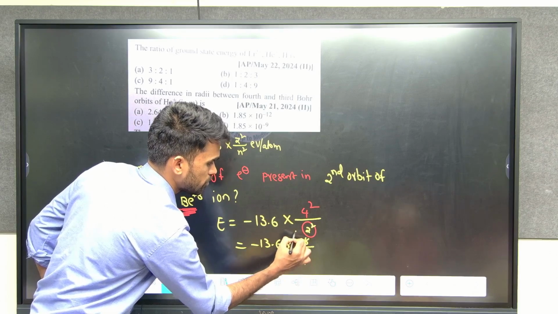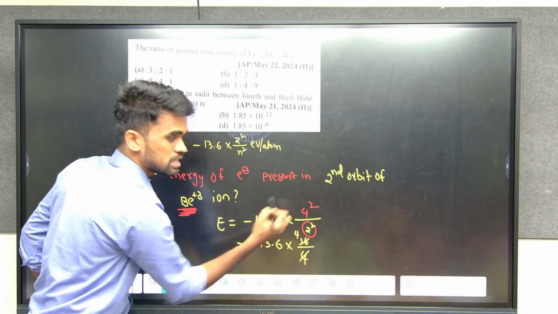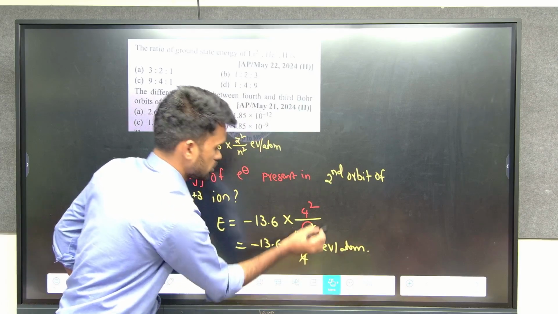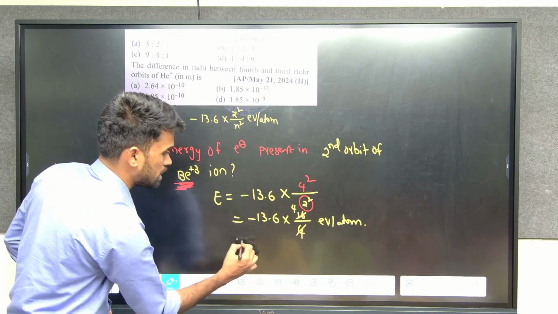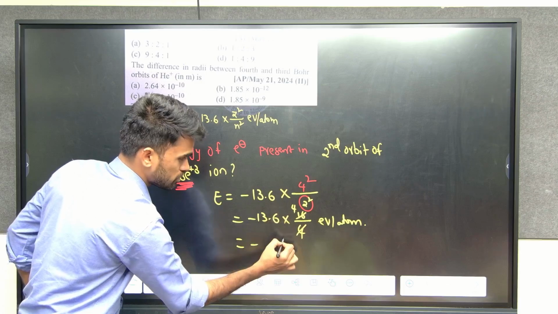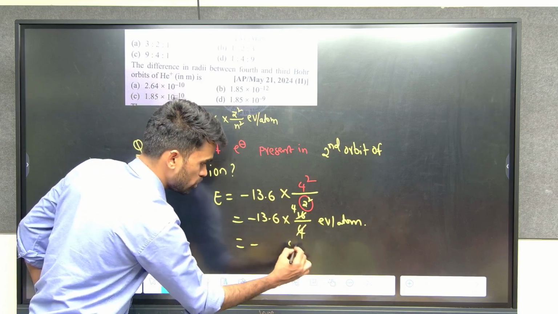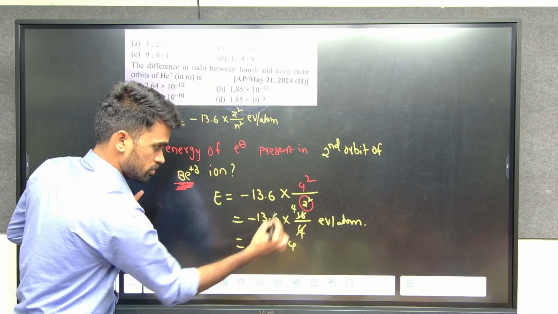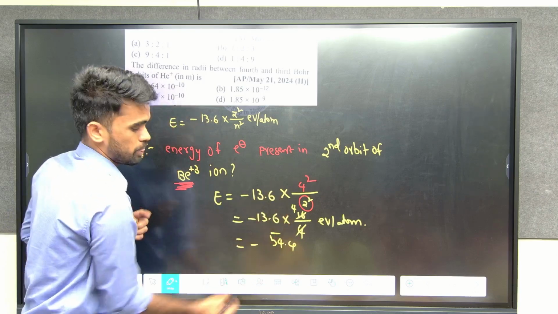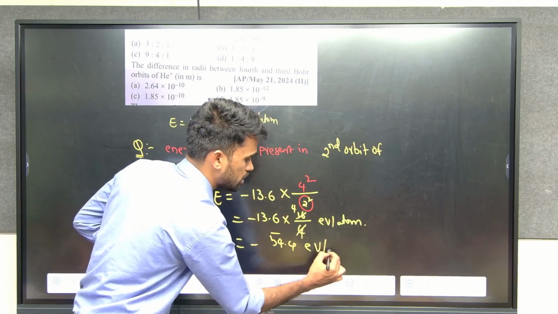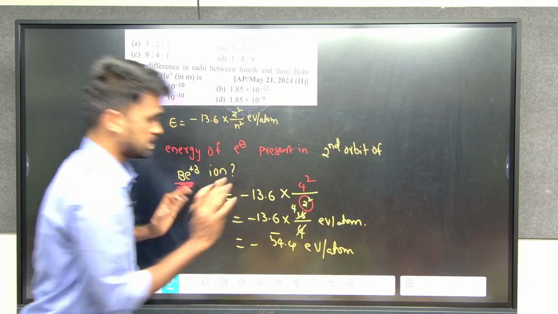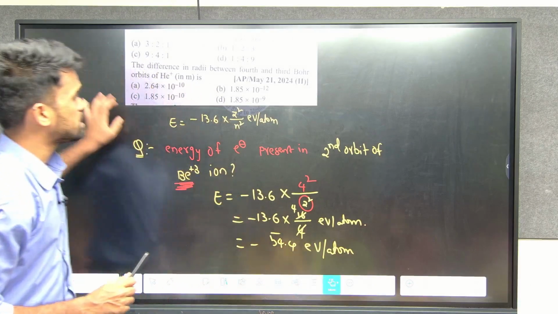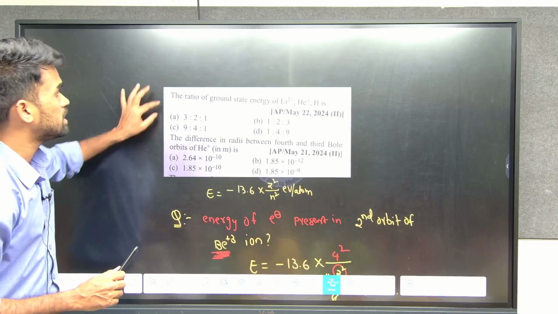So this will be 4 times 13.6 electron volt per atom. Simplify that: 4 times 13.6 gives 54.4 electron volt per atom. Let's simplify. Understood? Yeah. Now follow the same steps. Read the question once, fast.